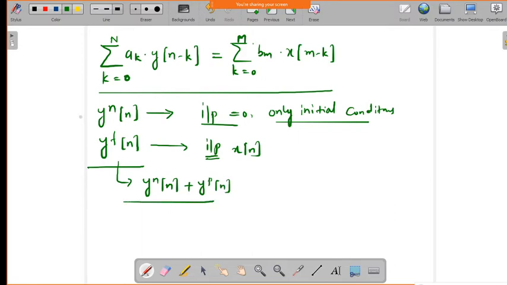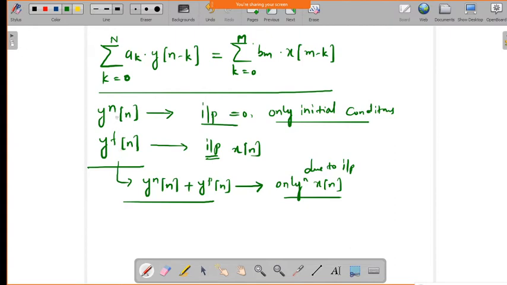So this is about the natural response and the forced response.